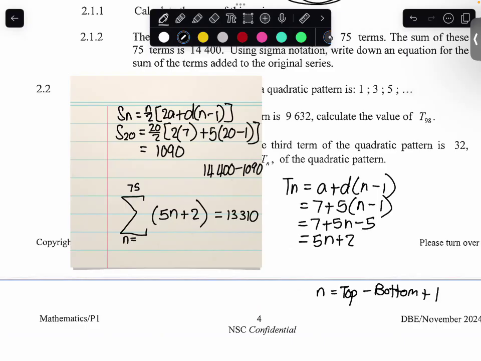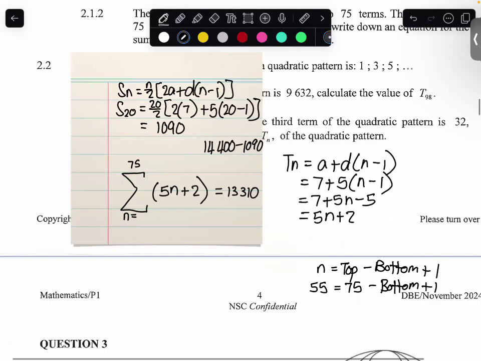Now we know that this is the sum of the remaining 55 terms. So I know that the amount of terms in this series that adds up to 13,310 is 55. So I'm going to say top, which is 75, minus bottom, I don't know what that is, that's what I'm trying to figure out, plus 1.